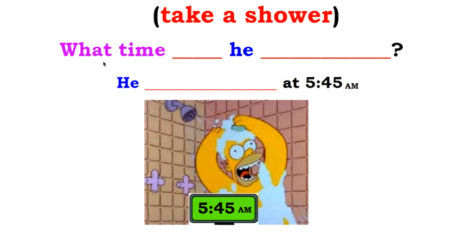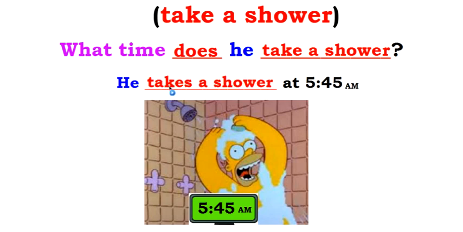For example, what time does he take a shower? What time does he take a shower? And the answer, he takes a shower at 5:45. And remember, the verb and the answer with the third person conjugation for he. He takes a shower. Very good.